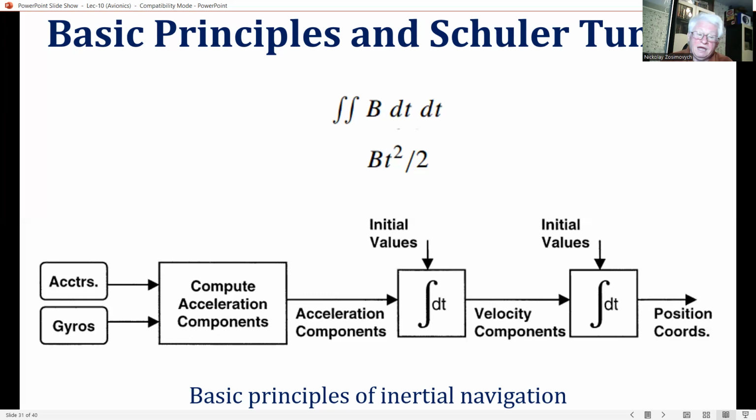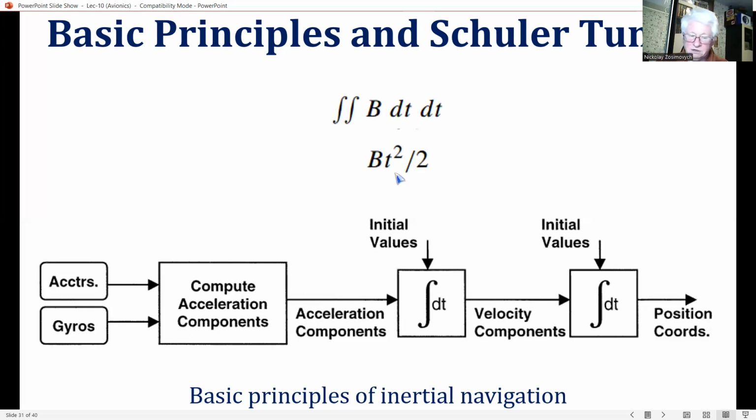For example, a constant accelerometer bias error B, which can be equated to an initial tilt error, will result in a distance error which is equal to a double integral from 0 to time t, that is Bt squared over 2.